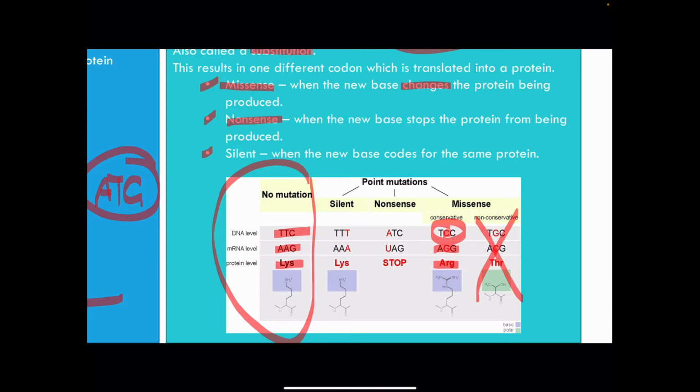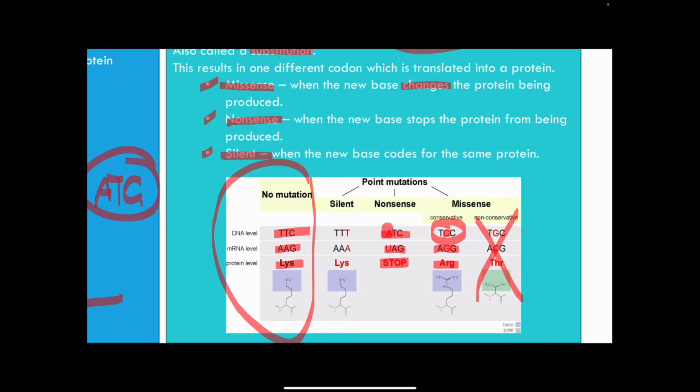Now, in a nonsense substitution mutation, we're actually stopping that protein from being produced. So we've had this mutation here, okay, where the T has turned into an A instead, meaning that at the mRNA level, our new sequence is UAG, meaning that at the protein level, we're actually coding for a stop amino acid, meaning that protein synthesis is stopped.